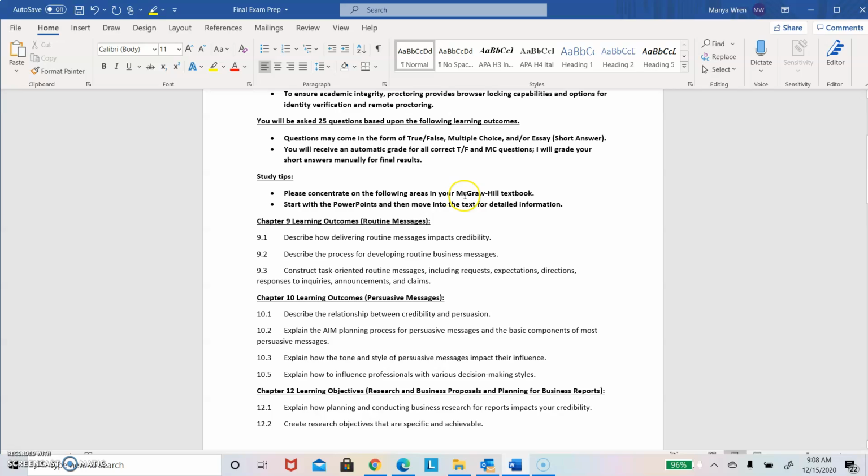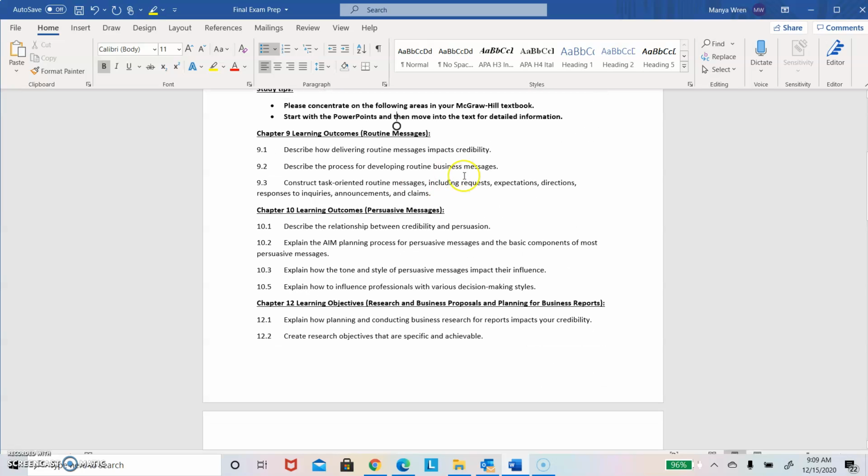You can start with the PowerPoints that I have posted in weeks 16, 17 in the final preparation folder. And then if you want to go to the text for detailed information, you can do that. Not all learning outcomes are here. There's only a few, but this is where I drew the questions from.